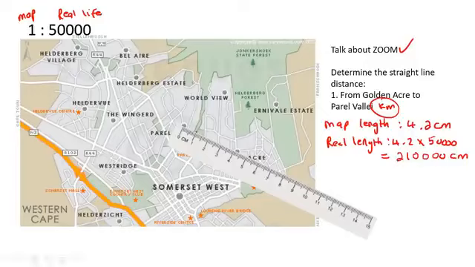Now, Kevin, how do we convert from centimeters to kilometers? Well, remember, a few chapters ago, we looked at conversions, and we looked at volume, mass, distance. Remember when I showed you that the main lengths or distances that we use are kilometers, meters, centimeters, and millimeters.